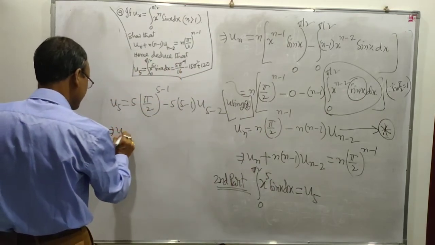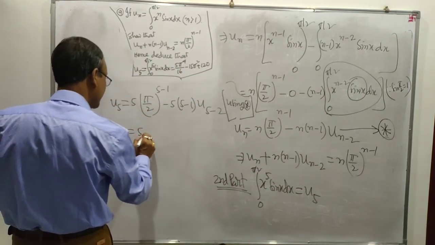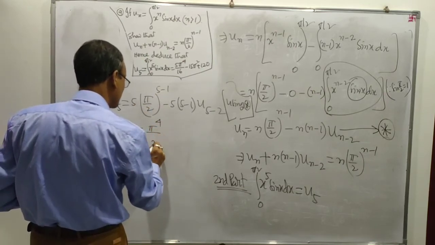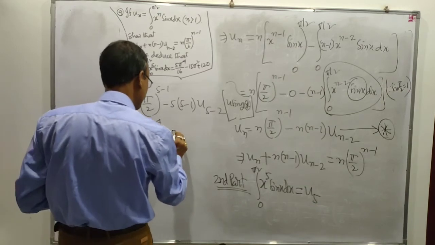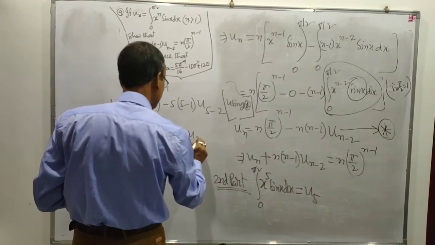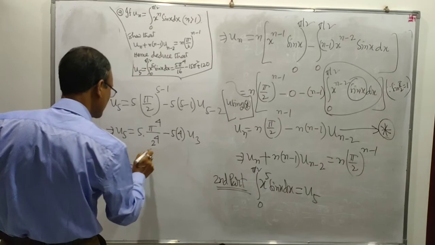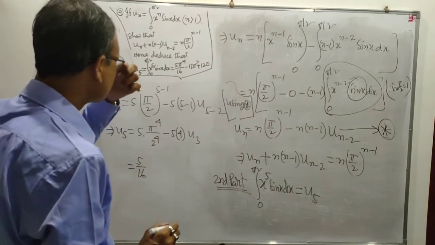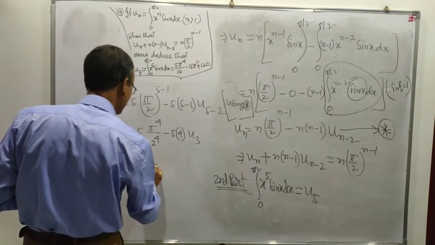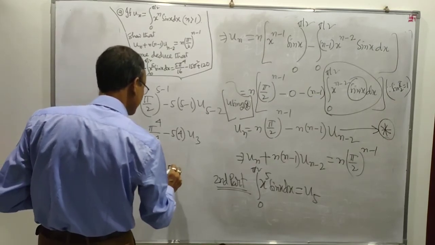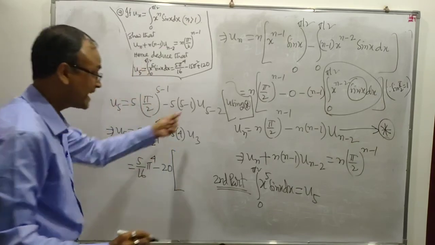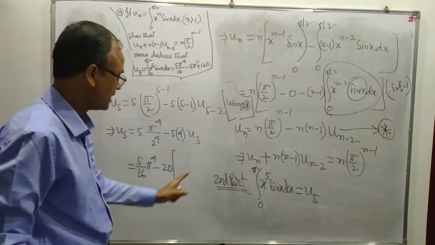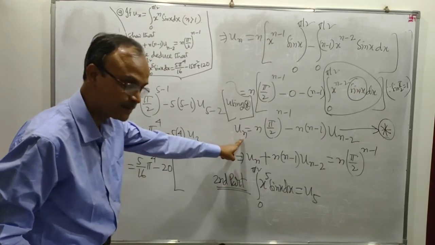This implies u5 is equal to 5 into pi to the power 4 by 2 to the power 4 minus 5 into 4 into u3. This is equal to 5 by 16 pi to the power 4 minus 20 u3. Again using star, for u3 we have replaced n by 3.